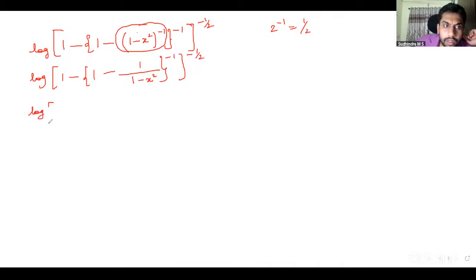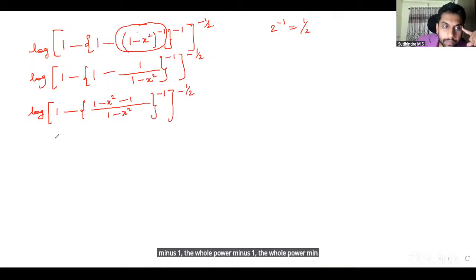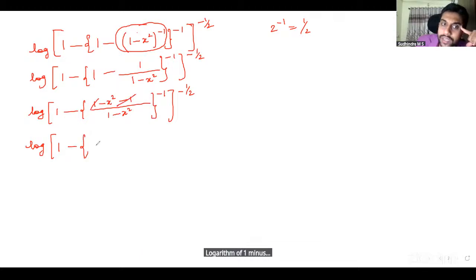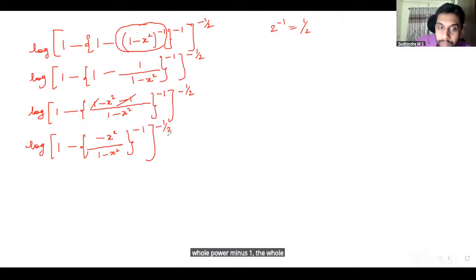Logarithm of 1 minus, if I take 1 minus x square LCM, 1 minus x square minus 1, the whole power minus 1, the whole power minus 1 by 2. Logarithm of 1 minus 1 and minus 1 gets cancelled. Minus x square by 1 minus x square, whole power minus 1, the whole power minus 1 by 2.